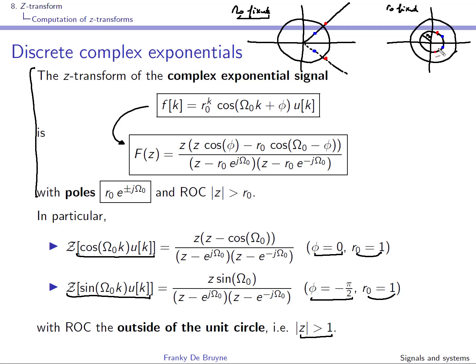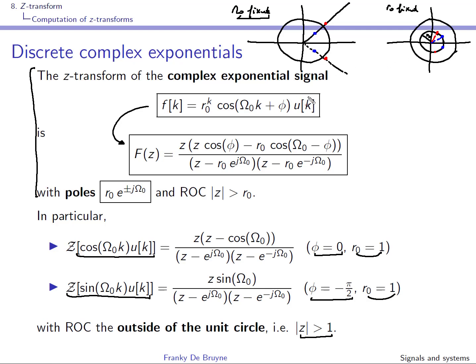So here R0 is fixed, R0 is smaller than 1, so you can see that the envelope will be exponentially decreasing, but you can see here that the angle omega 0 is smaller in the blue case than in the red case.